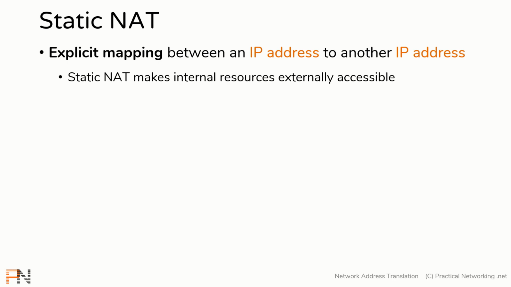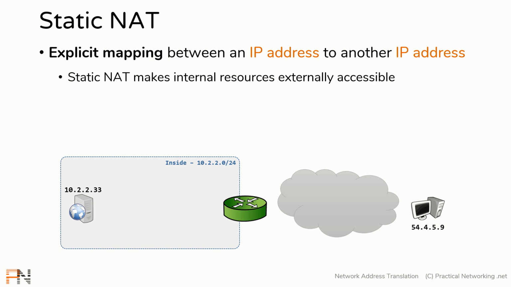Let me show you how this works. Here we have a topology with an internal host with the IP address 10.22.33, and we also have an external host out there somewhere on the internet. If this is all you have, when this host tries to send a packet to the destination of 10.22.33, that packet will be dropped on the internet.